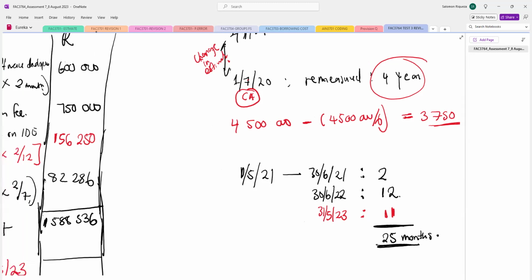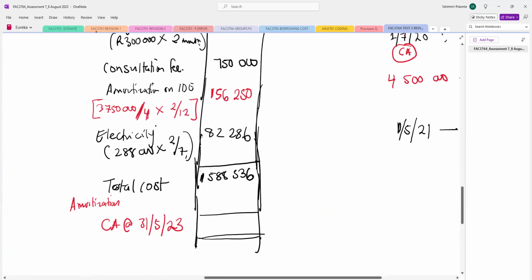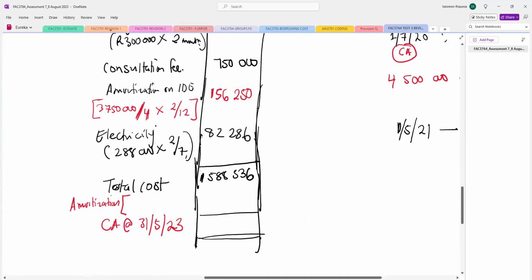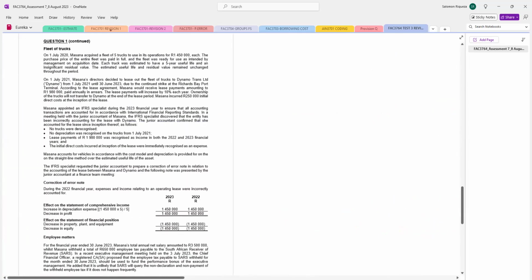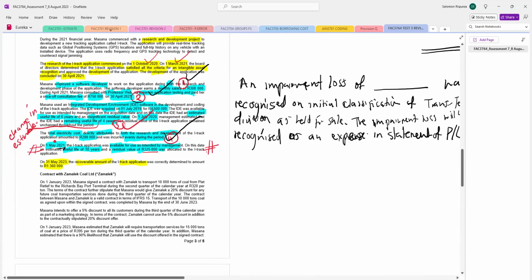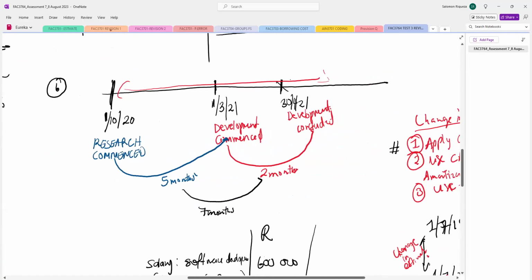It took 25 months. All right, so now I can calculate my amortization. My cost is 1,588,536 minus, it has a residual value. My residual value is 325,000.